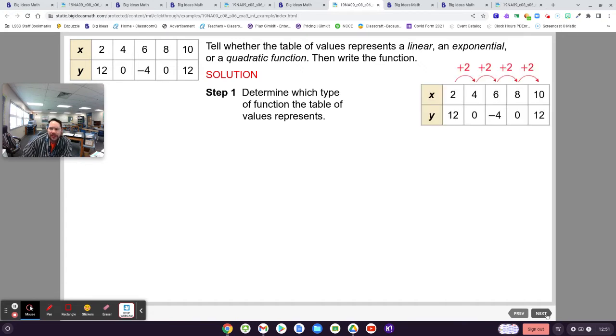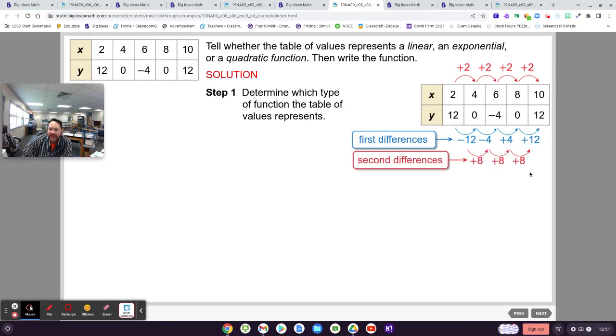So you should notice here that as x goes up by 2, y is not going by the same amount, either subtracting or multiplying. But if you do the second difference is the same, indicating that this is a quadratic. So now that we know it's quadratic, we either want the vertex or we want the two zeros, the two roots.